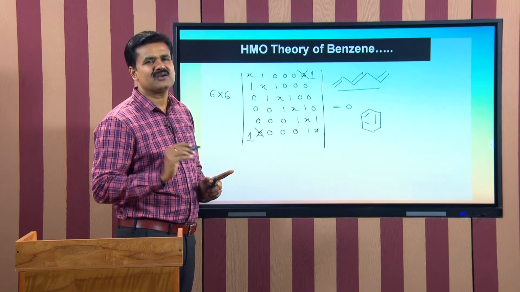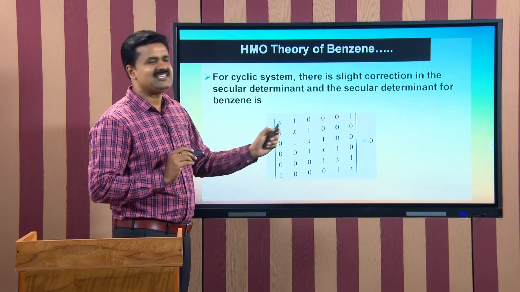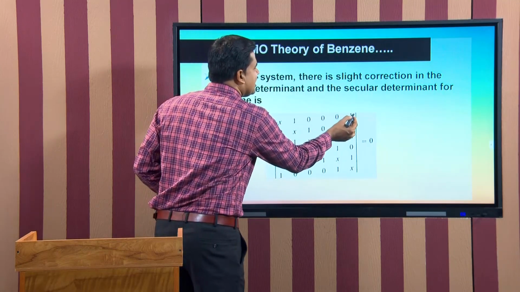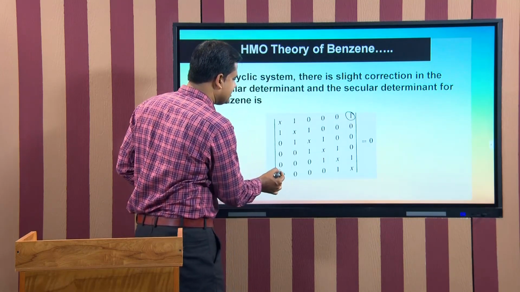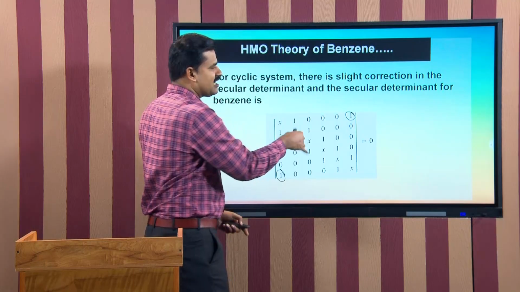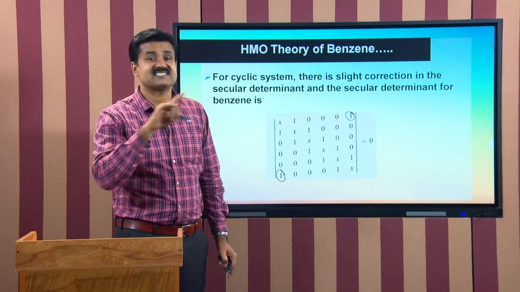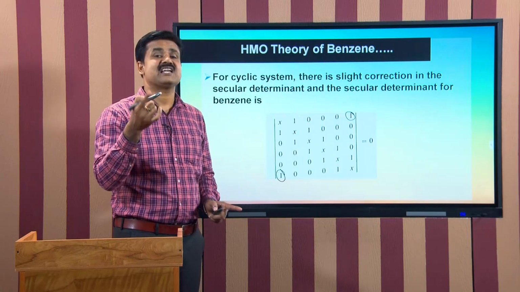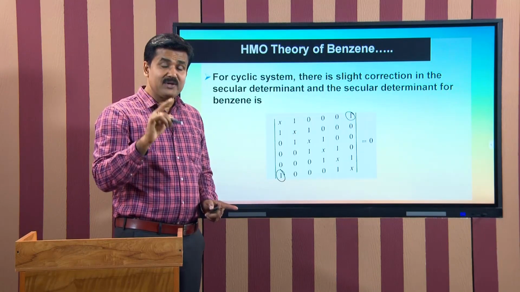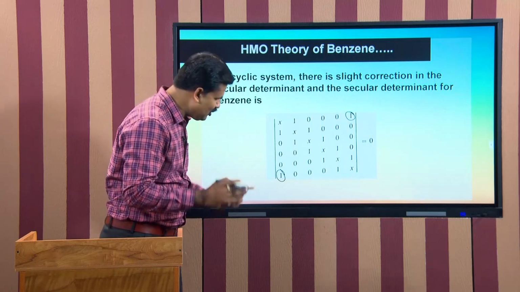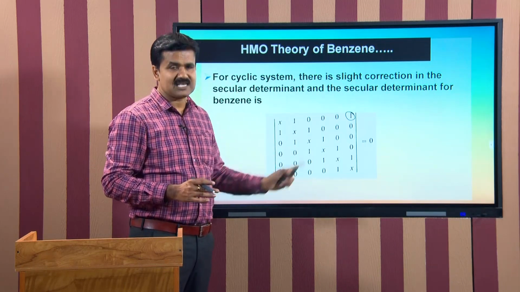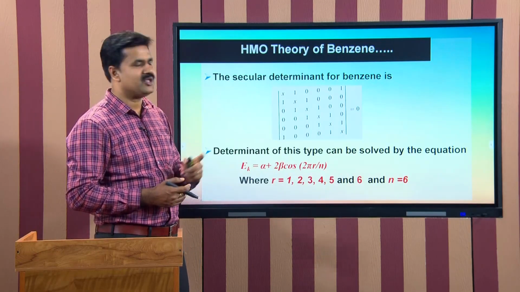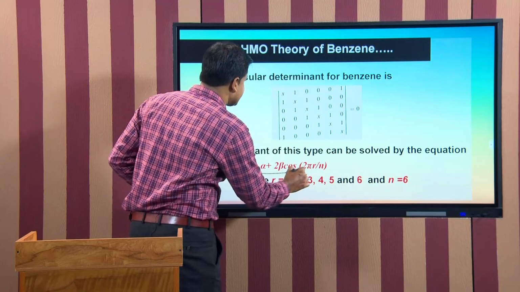The principal diagonal is always x. Hence, for the benzene molecule, the determinant has 1 in the last elements, and the other entries are zeros. These are 1 in the case of cyclic systems like benzene, cyclobutadiene, etc. And now we have to solve this secular determinant. It can be simply solved by using a generalized expression.